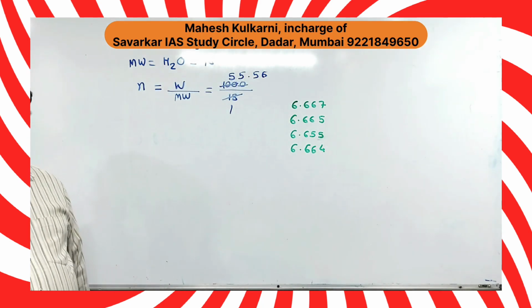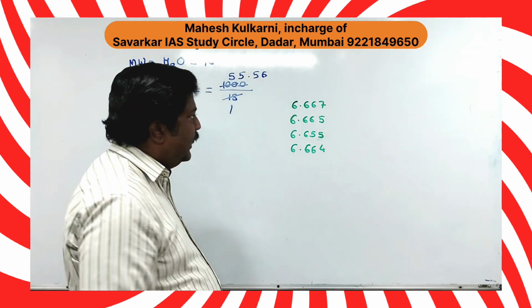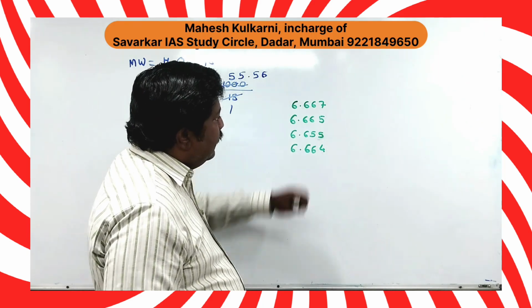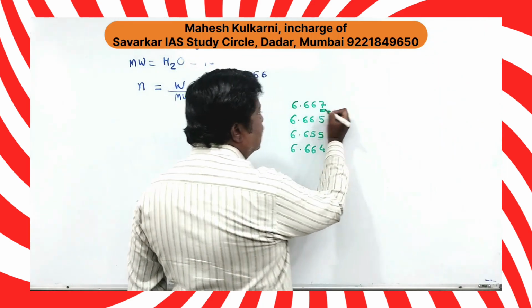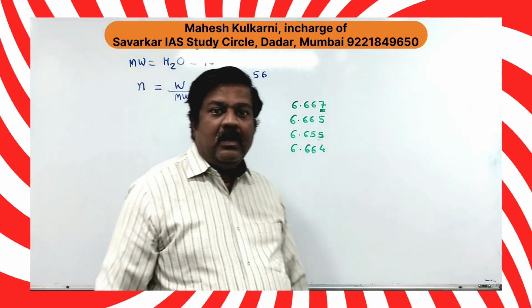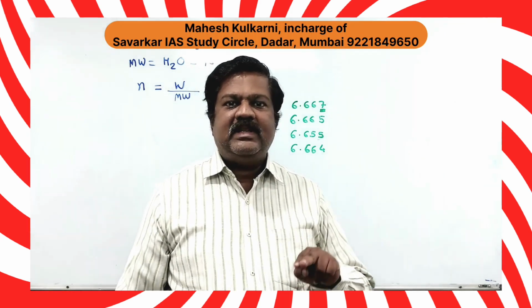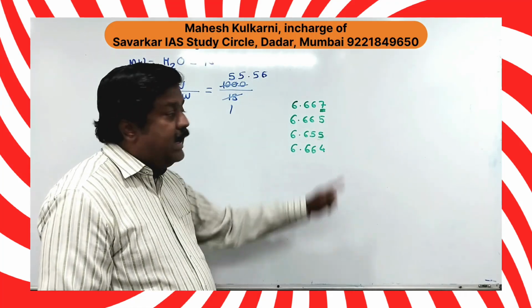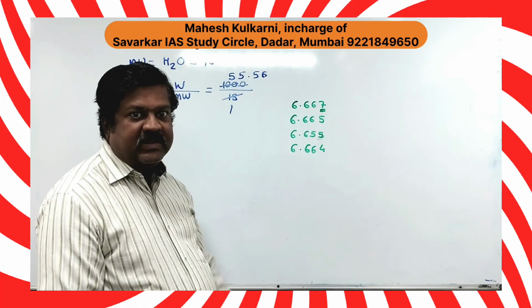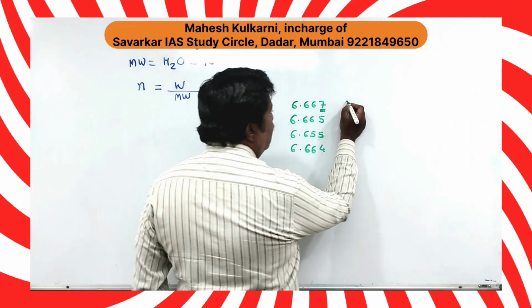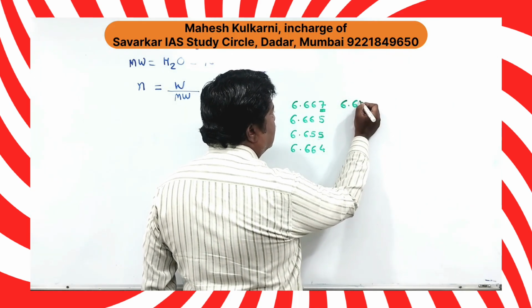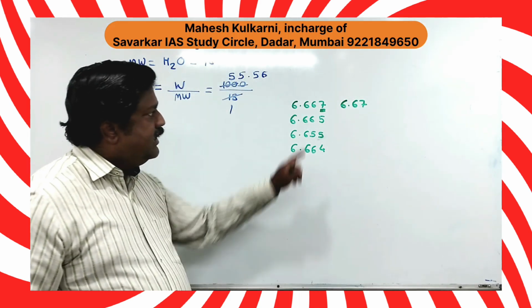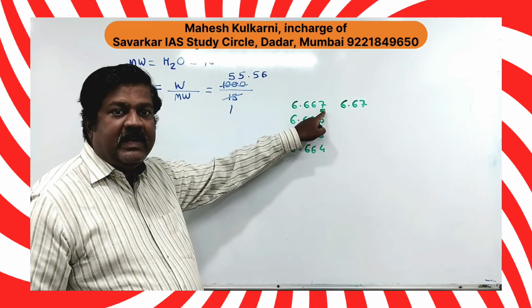How are we going to round up to 2 decimals? As I have to round up the last digit, we have to check whether the last digit is greater than 5 or less than 5. As this digit is greater than 5, I have to add 1 to the previous digit. So this can be rounded up as 6.6 and 7, because the last digit is greater than 5.